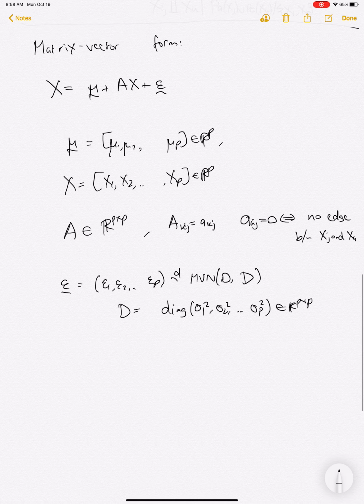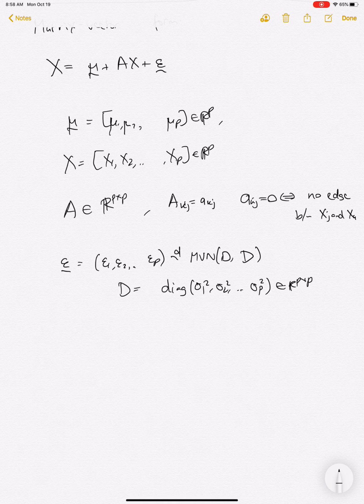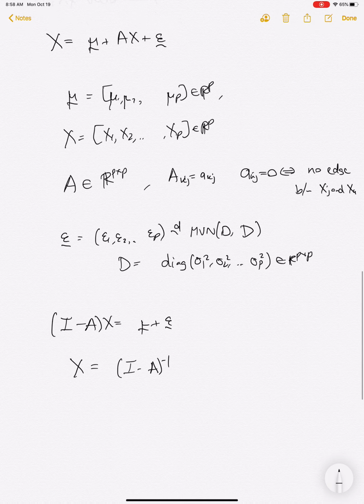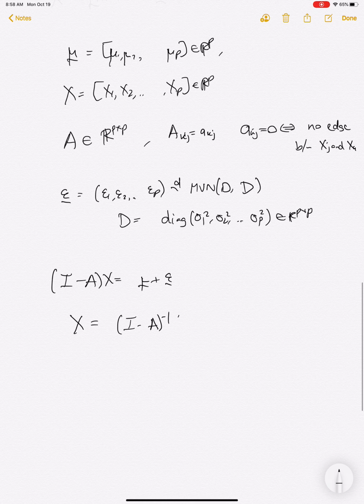Okay, and so the other thing that you can do is you can rearrange things as we saw in the previous lecture. So you have I minus A times x equals mu plus epsilon, and so x equals, because the graph is an acyclic graph, you can always invert this.